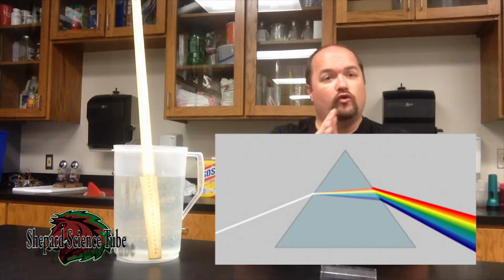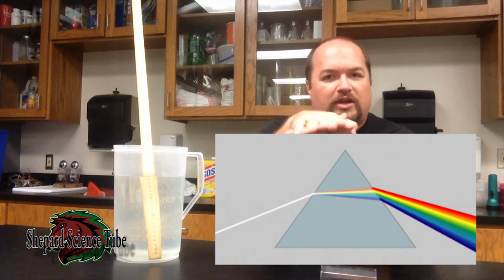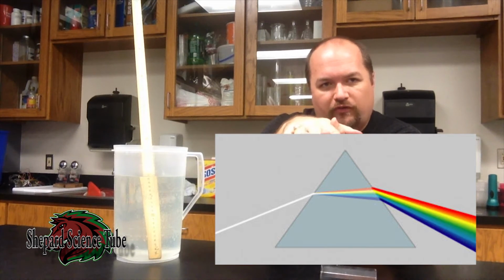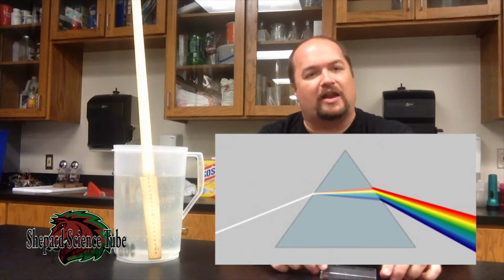And so this overlapping red and orange and yellow and green and blue and indigo and violet, those overlapping waves, they start to spread out a little bit.